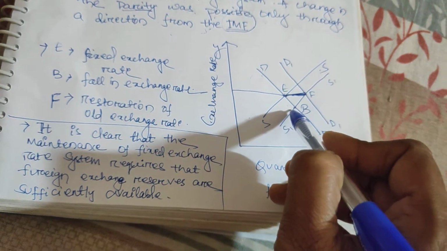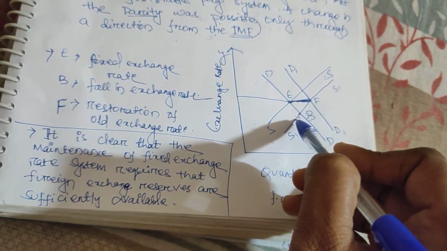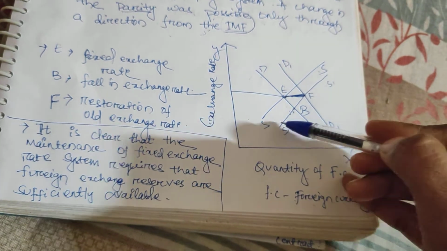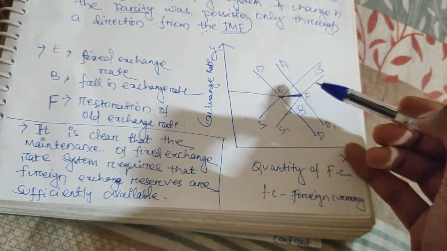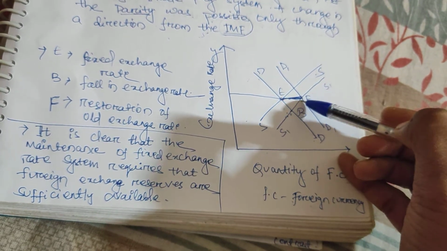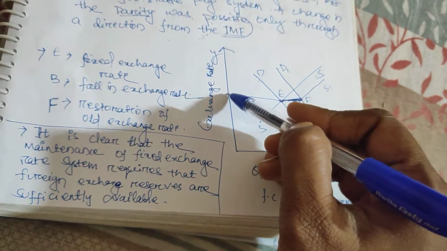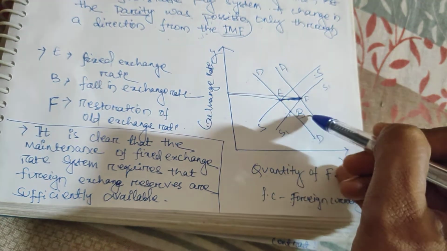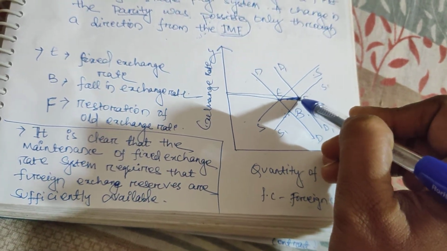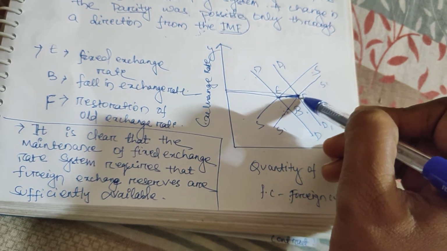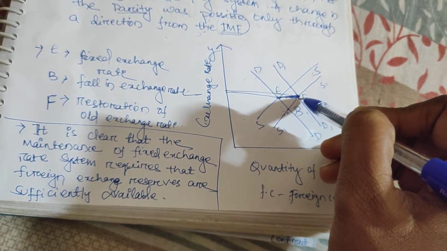So when there is a fall of exchange rate, what will the RBI do? RBI will adjust with that system and increase the supply. Then you can see another supply curve came. So again, with demand DD and the new supply, when demand and supply both increase, another equilibrium point is seen, that is point F, known as the restoration of the old exchange rate.